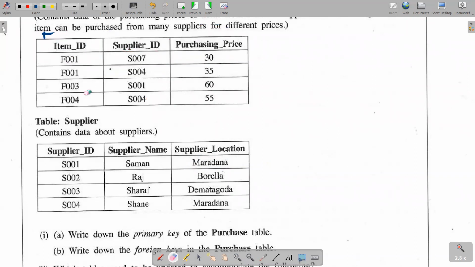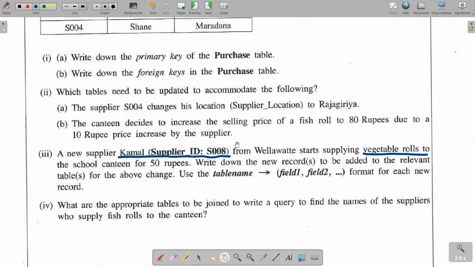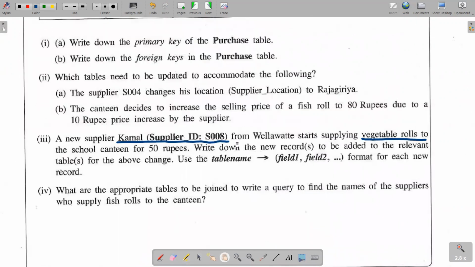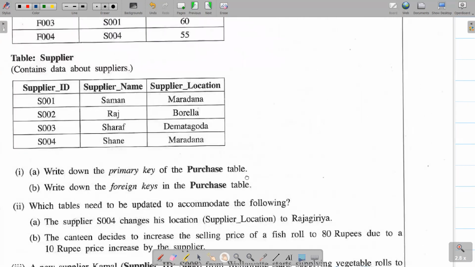Right, so they need to know the names of the suppliers who provide fish rolls. Okay. So how are we going to do this?